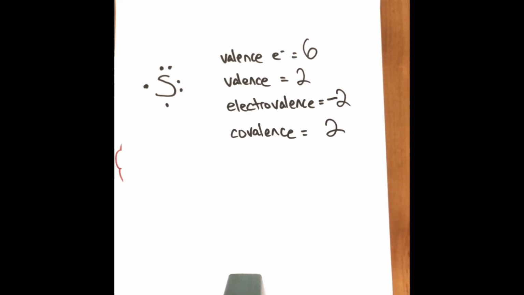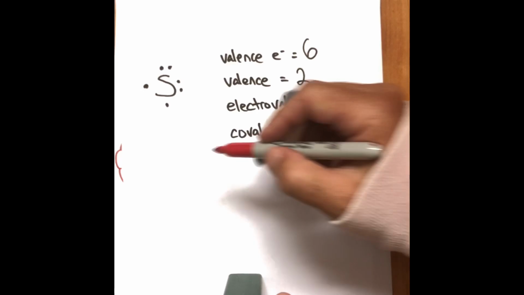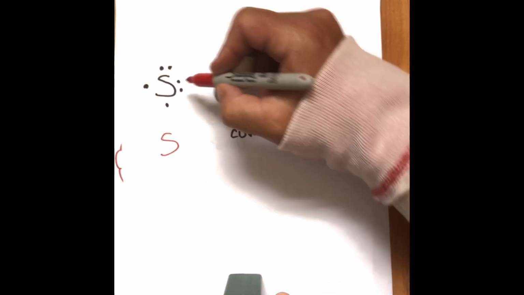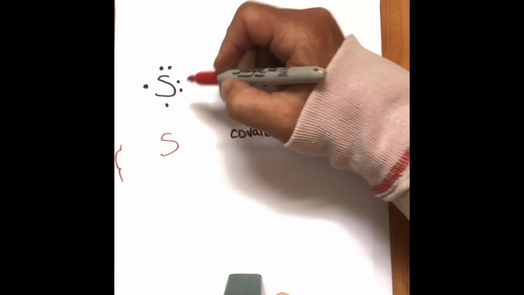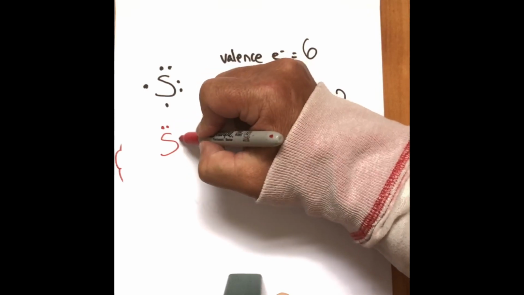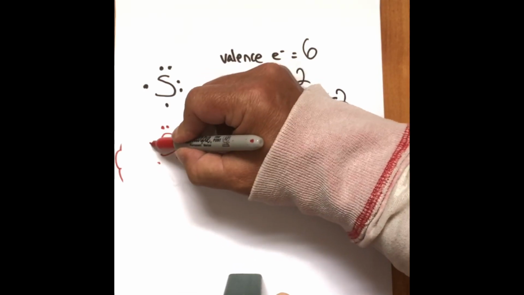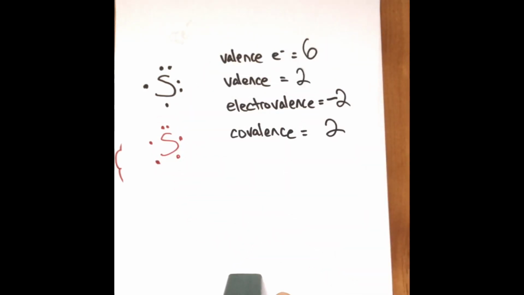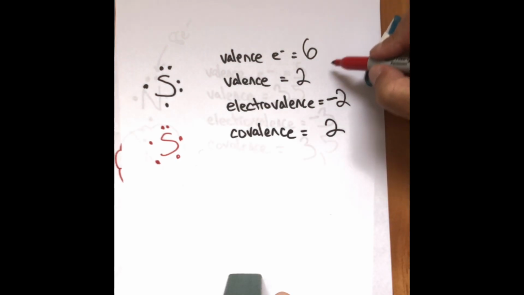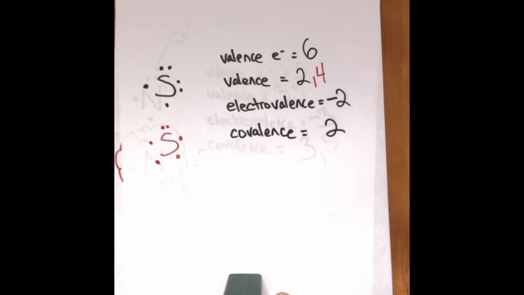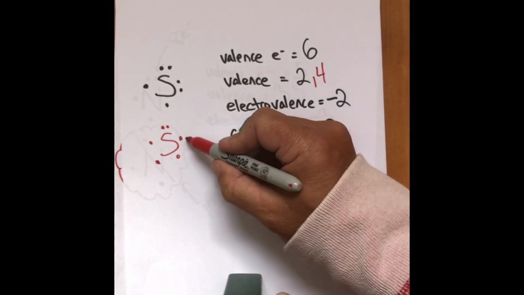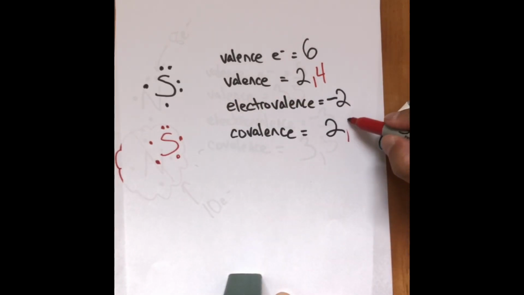The exception for this is sulfur has the ability to take this pair of electrons and separate them. So when that happens, you do this. How many single electrons do you see? 1, 2, 3, 4. So it would have a valence of 4. Doesn't affect the electrovalence and could share those 4 electrons. All right.